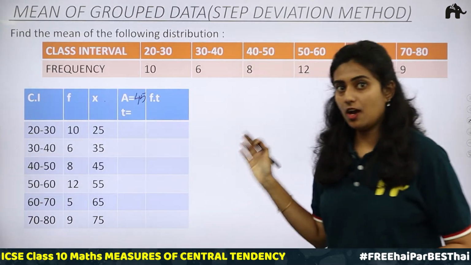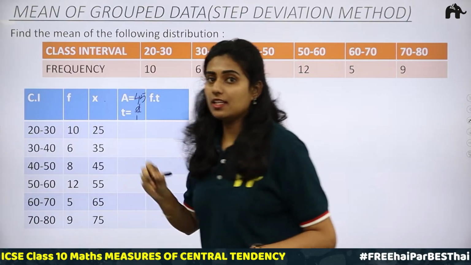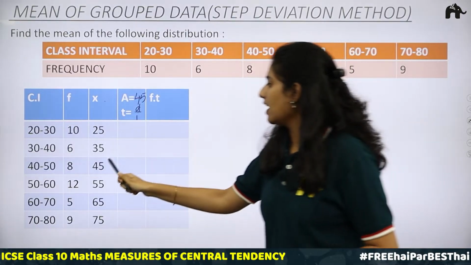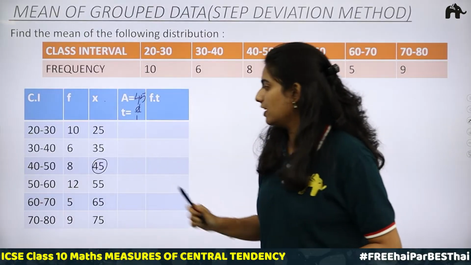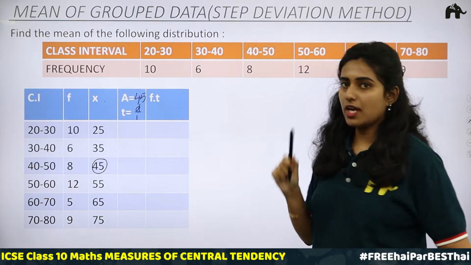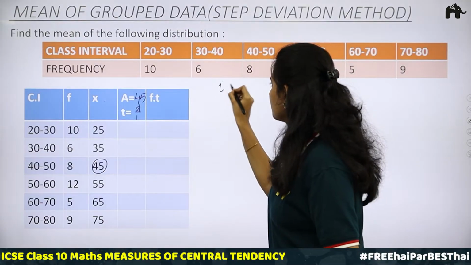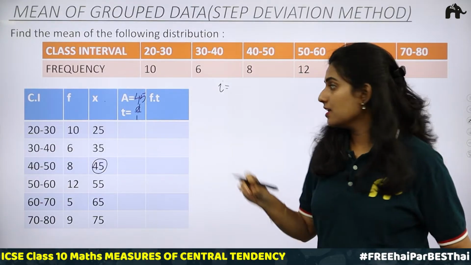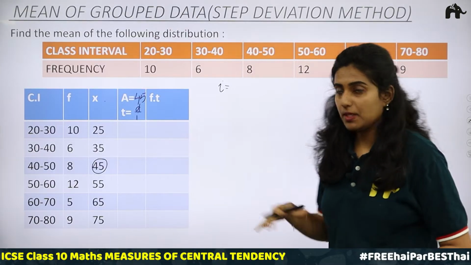We have to find t. How to find t? t is equal to d divided by i, where d is the deviation. So, here we have 45 as the assumed mean. 25 minus 45 is equal to minus 20, divided by i. What is i here? The maximum number with which all the d values can be divided.